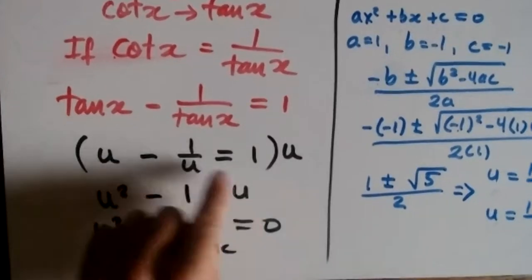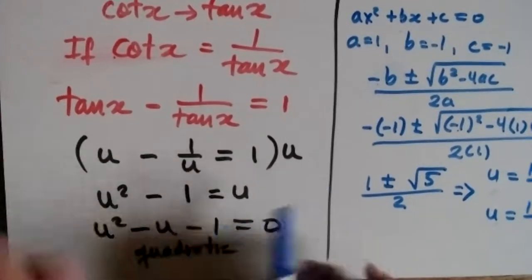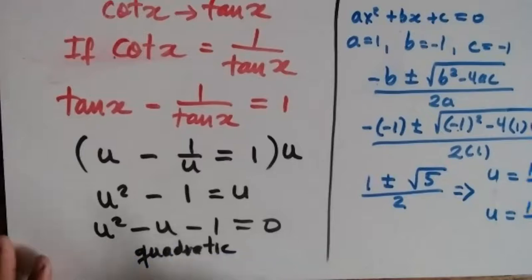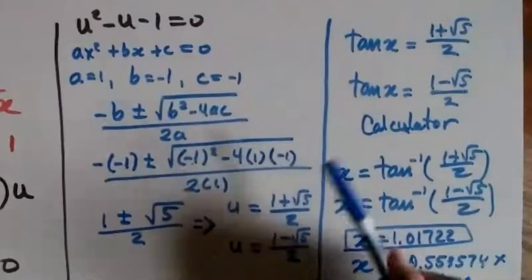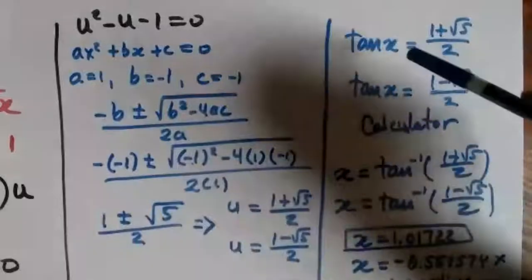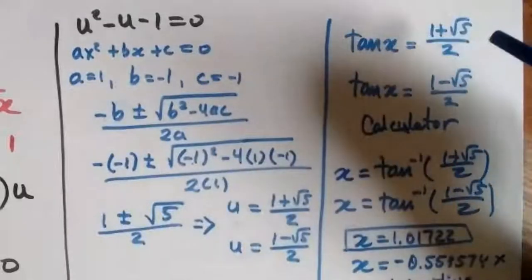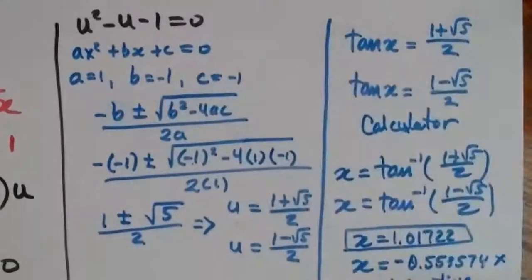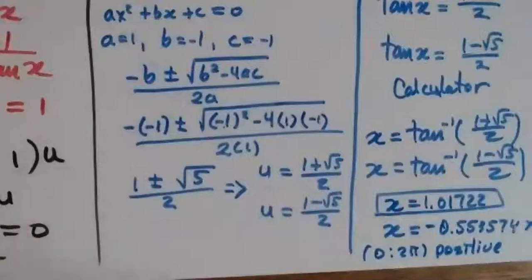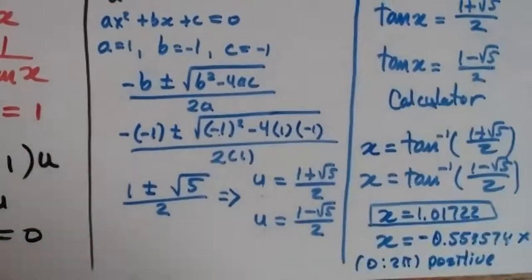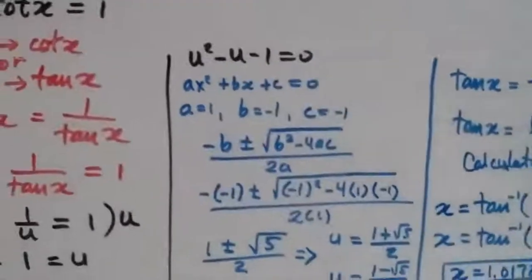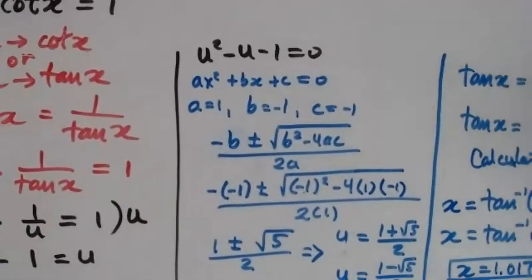So I have this algebraic equation. Then I cancel fractions and manipulate to get a quadratic. I solve my quadratic. Then I return back to my tangent and I find the angle for which this tangent is this value. In some cases we have to use a calculator, in some cases we have to use our table in the formula booklet.